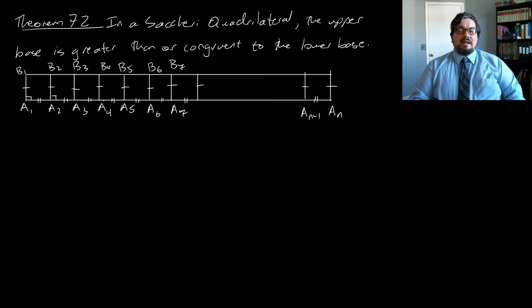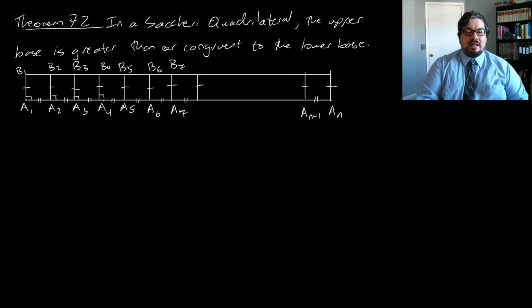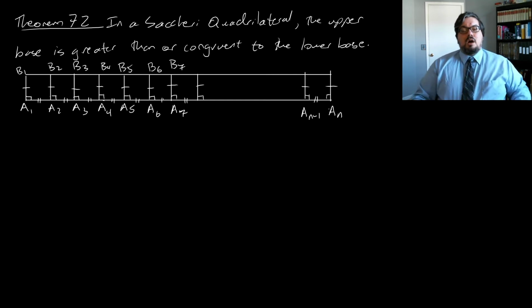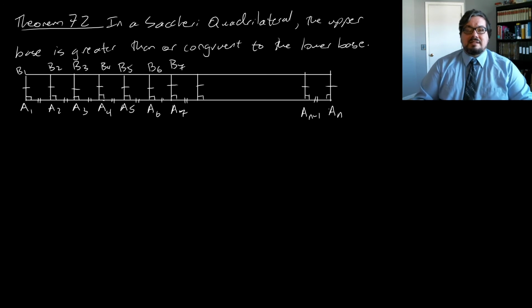And the point is that all of these Saccheri quadrilaterals that we're going to build up here all have a lower base that's congruent to the one over on the left, and all have their sides being congruent to the sides of the leftmost Saccheri quadrilateral.